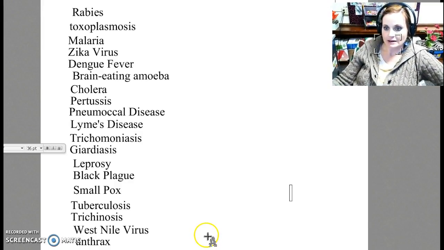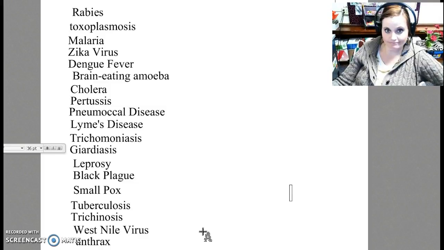So my list includes rabies, toxoplasmosis, malaria, Zika virus, which is in the news right now, dengue fever, brain-eating amoeba, cholera, pertussis, pneumococcal disease, basically it causes pneumonia, Lyme disease, trichomoniasis, giardia, leprosy, black plague, smallpox, tuberculosis, trichinosis, West Nile, and anthrax.